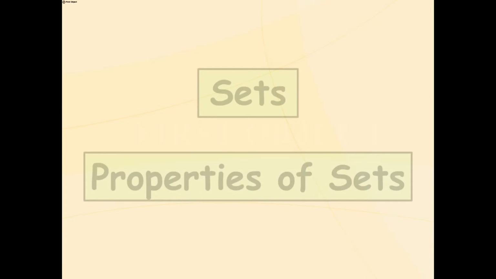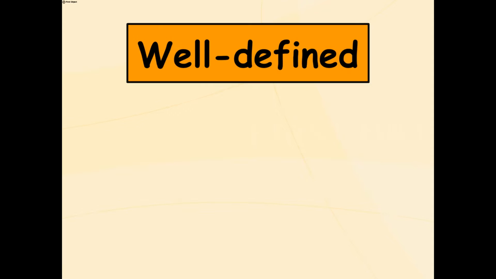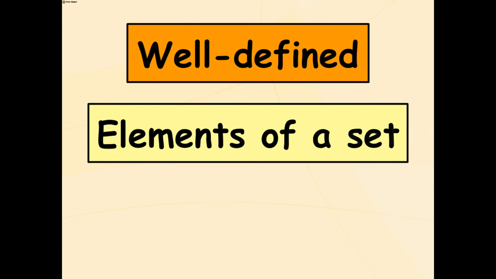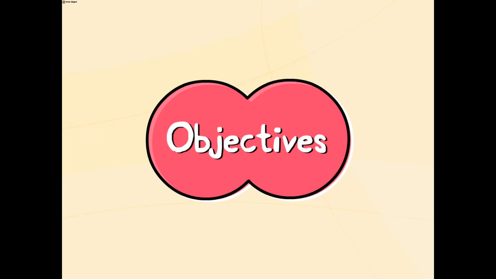In this chapter, we will learn about sets and their properties, and what we mean when we say well-defined, elements of a set, types of sets, etc. Objectives.